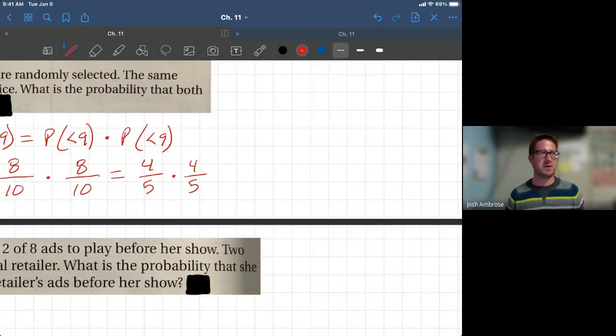The fundamental counting principle was just get that and multiply it by the next possible option. So we're getting the probability of picking one number less than 9, 8 over 10. You can pick that same number twice, so there's another 8 over 10. Both of those probabilities have to be multiplied together. Now you're looking at 16 over 25.